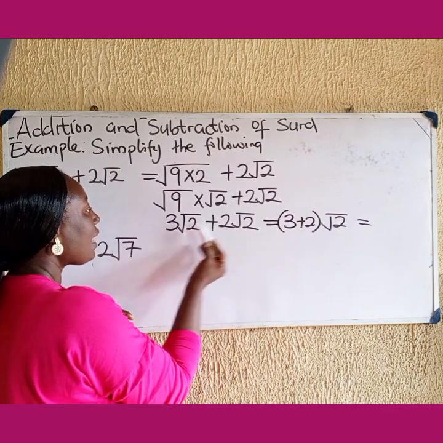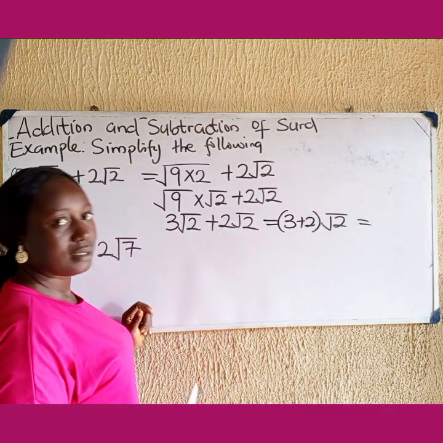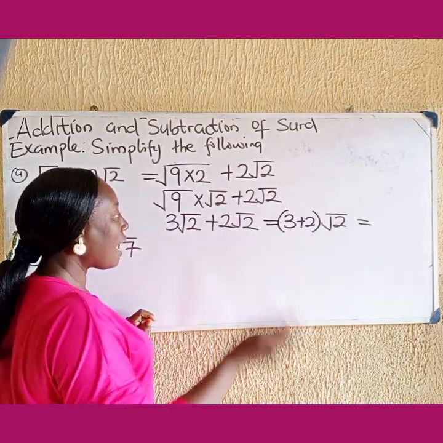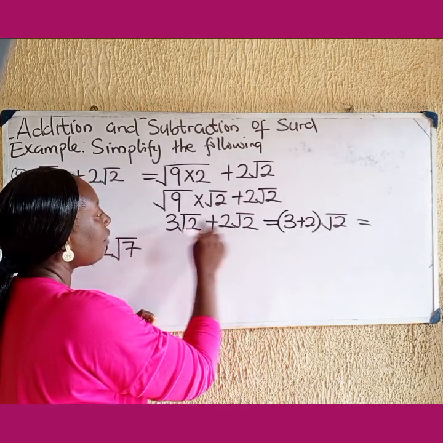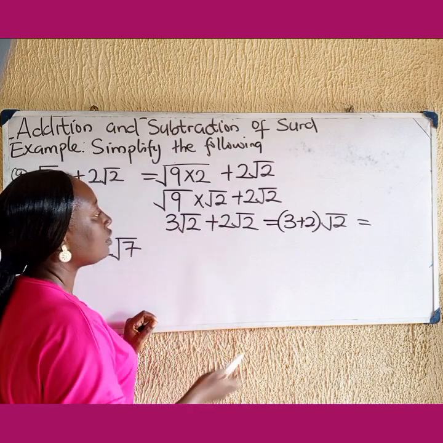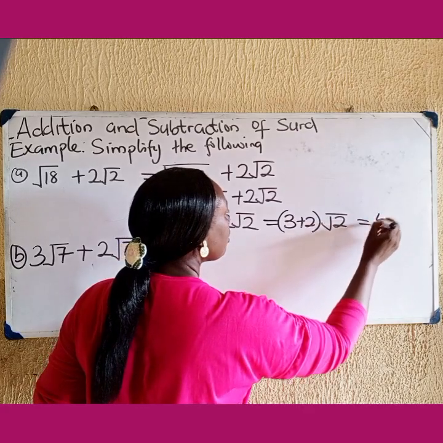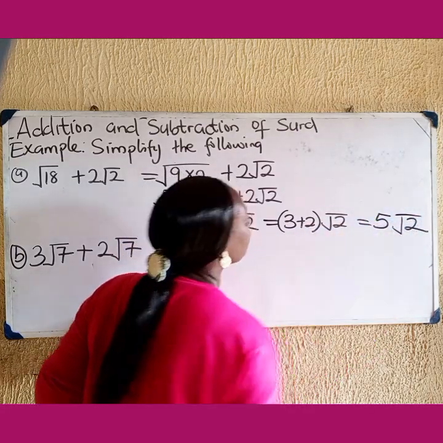Once they have like surds, you either add or subtract. But if they don't have like surds, do not add. Leave your answer like this. But since they have like surds, I'm going to add their coefficients, which is 3 plus 2. And 3 plus 2 will give me 5. 5 what? Root 2.